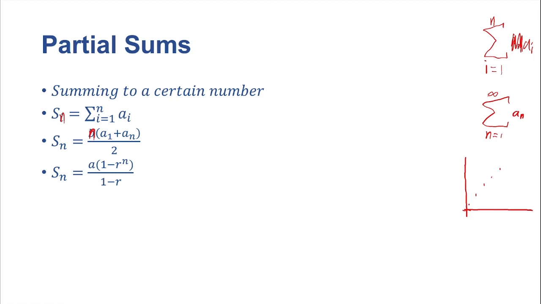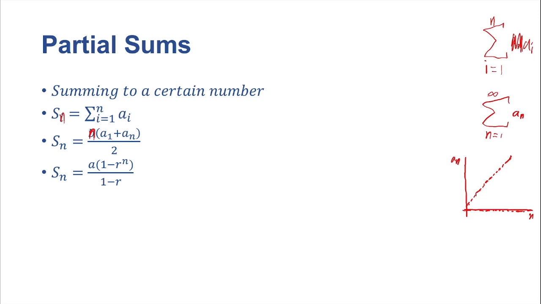If you plot n on one axis and a sub n on the other, it's going to go up, so if you sum all of these, they're never going to settle. The only case where an arithmetic series converges is when you have a starting value of 0 and your common difference is also 0. In that case, you're just adding 0 to 0 infinitely many times, and you get 0.